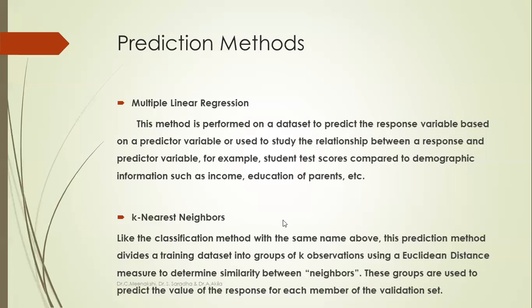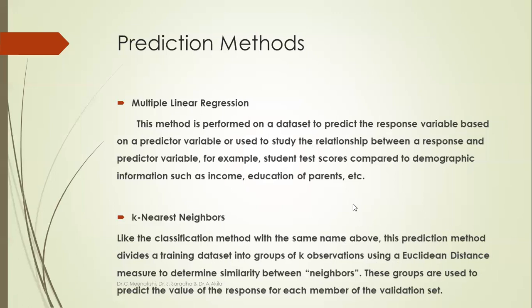Then the K nearest neighbor. Like the classification method, this prediction method divides a training data set into groups of K observations, using a Euclidean distance measure to determine the similarity between the neighbors.